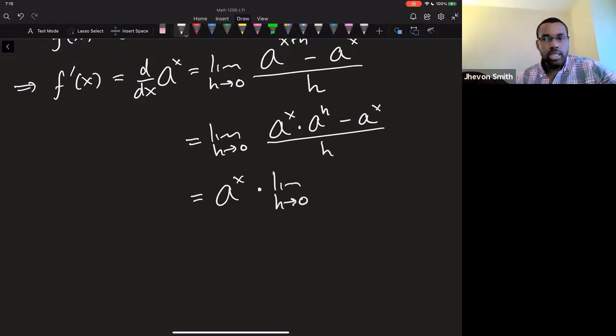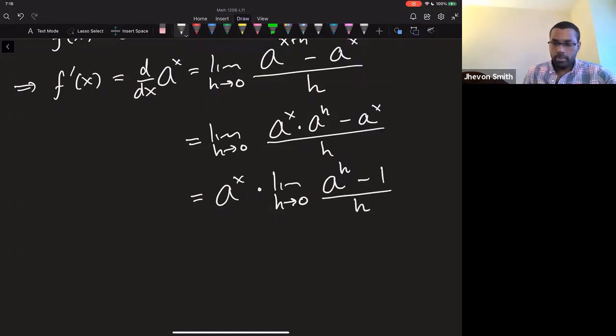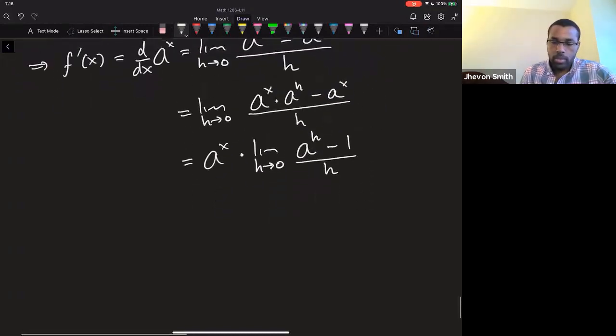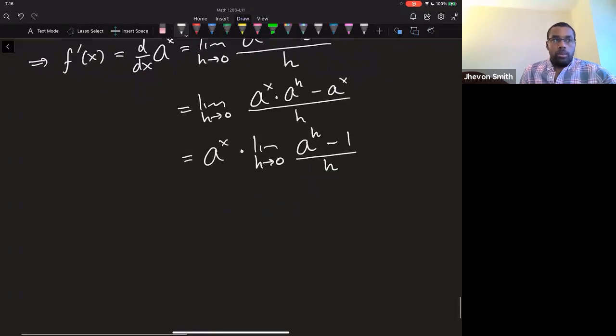So anything with x in it is a constant as far as the h is concerned. And by factoring that out, I would have a to the h minus 1 all over h. So now I'm actually going to find what that limit is, which is somewhat tricky.